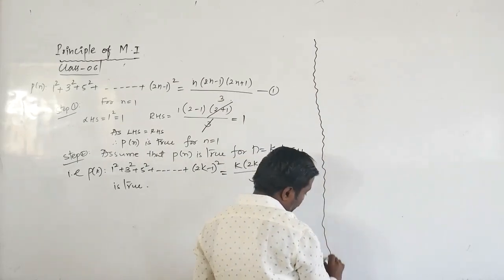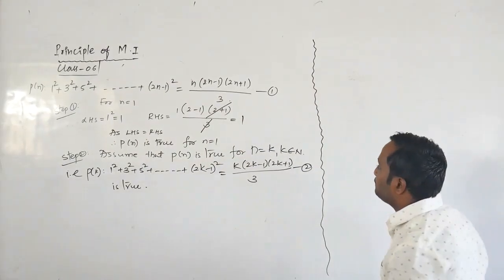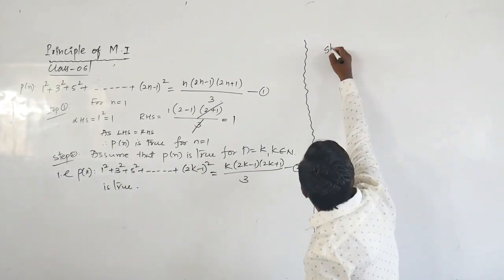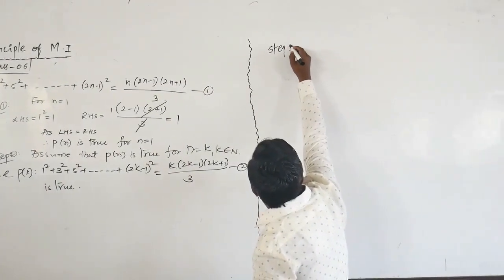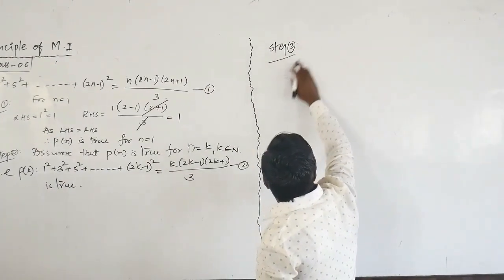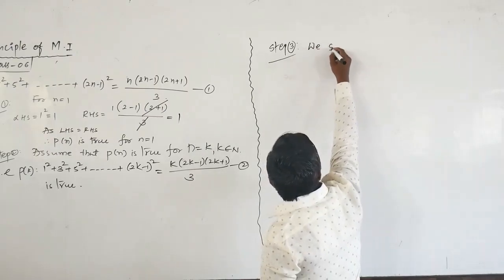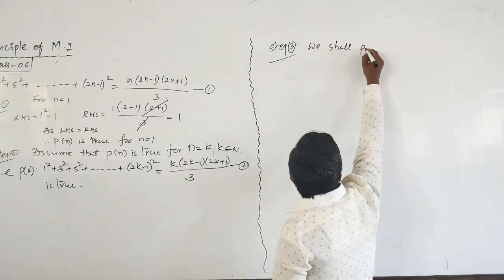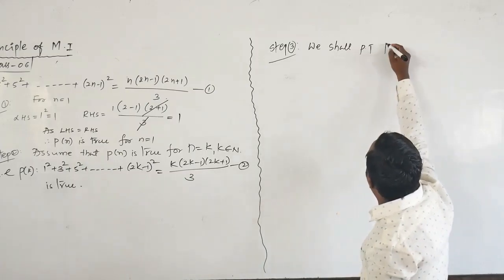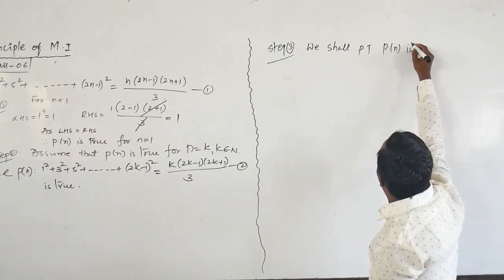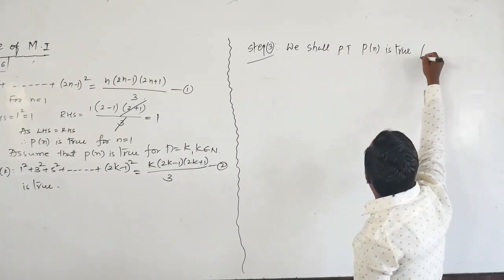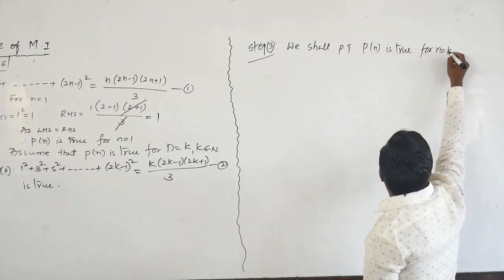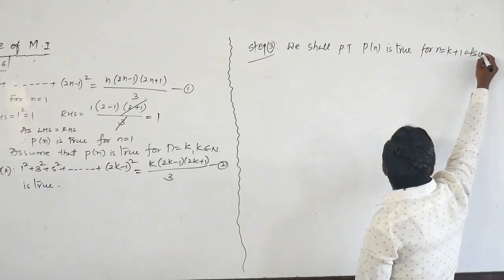Next step we have to do Step 3. We shall prove that P of n is true for n is equal to k plus 1 also.